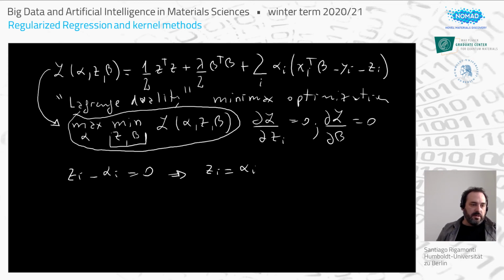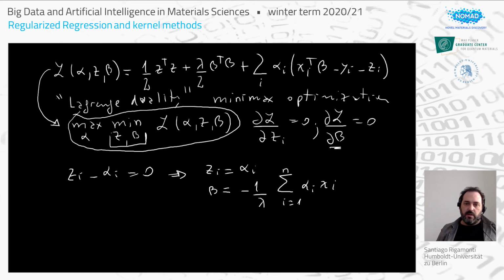And from the second equation, I will just put the solution here: beta is equal to minus 1 over lambda times the sum over i from 1 to n of alpha i xi.